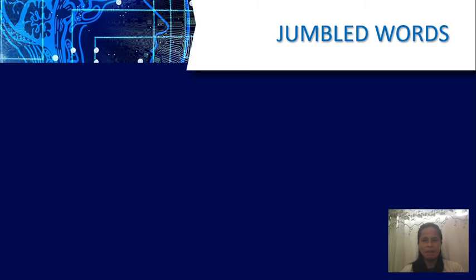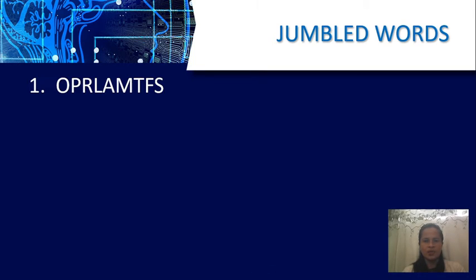Please prepare your cell phone since we are now in the pandemic, so we don't have the face-to-face. You send your answers on the jumbled words through Messenger. Send to me your answers. You have 1 minute to answer each number.